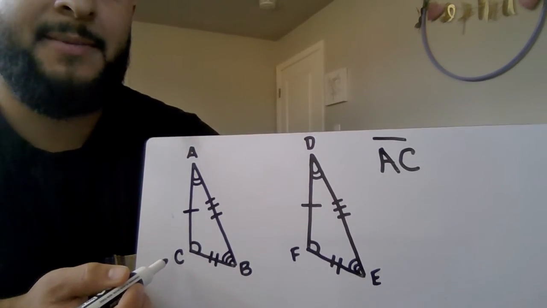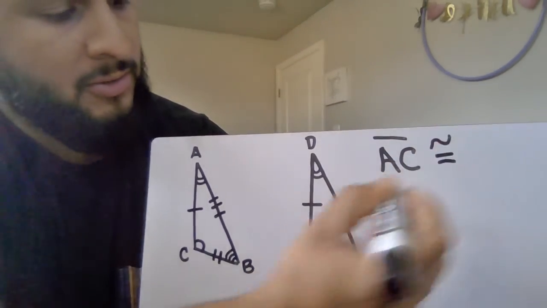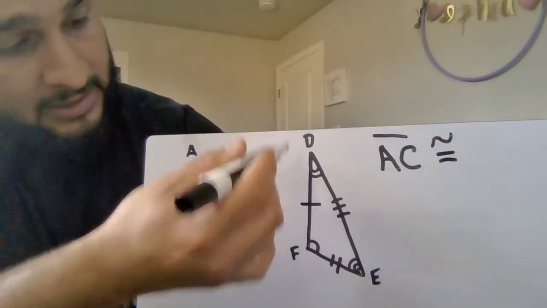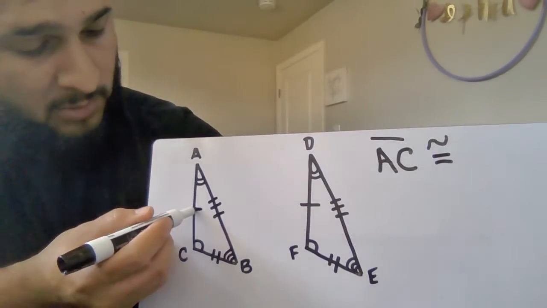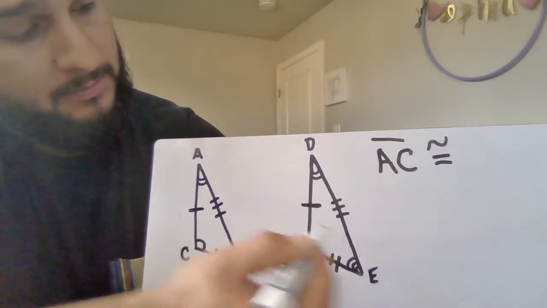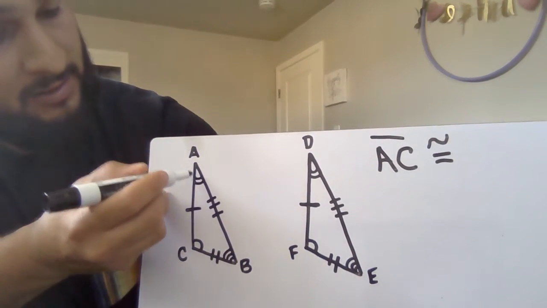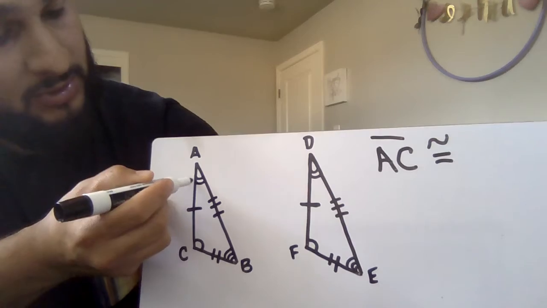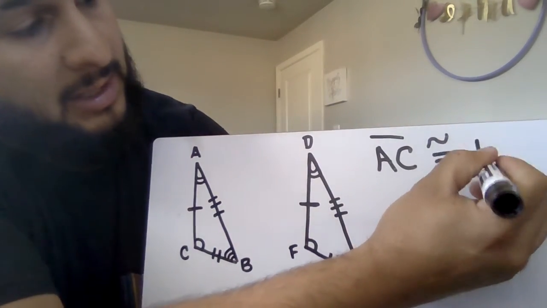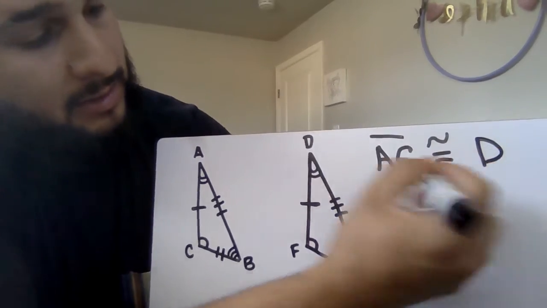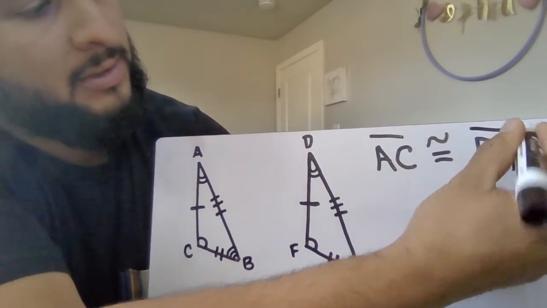I know that it's congruent to line DF. How do I know that? Well, because they both have one hash mark. So DF. Notice I started with A, where the angle that has two kind of hash marks there. So I have to also start with D when I name this. So DF is the name of the line that's congruent to that line.